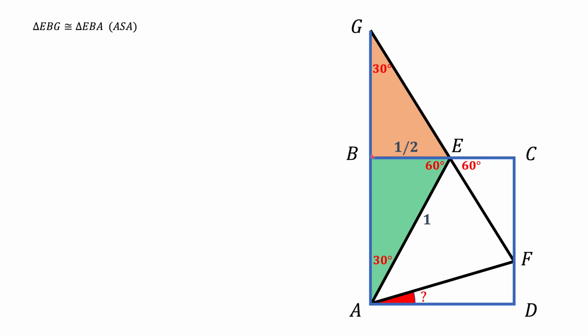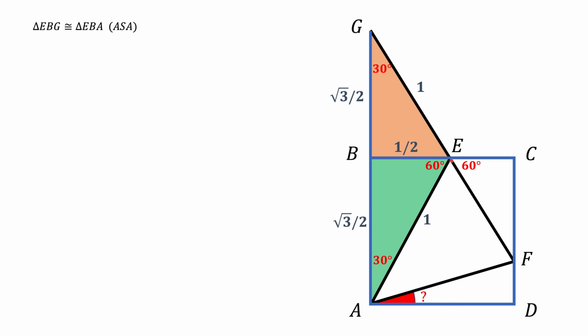And the other leg we can quickly find from the Pythagorean theorem, and that's going to be square root of 3 over 2. Since this green triangle is congruent to the peach triangle, the side GB also has to be square root of 3 over 2, and the hypotenuse GE has to be 1.